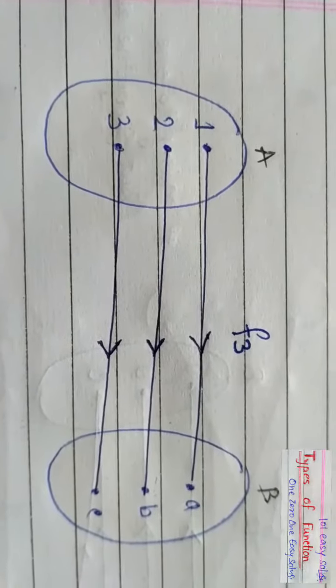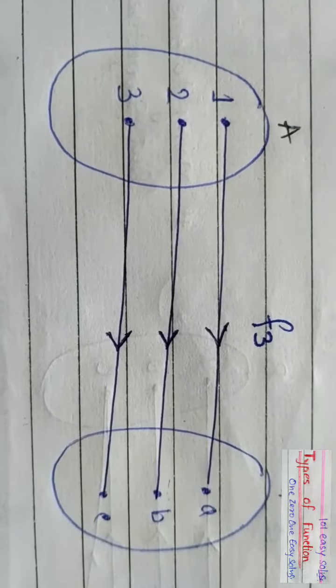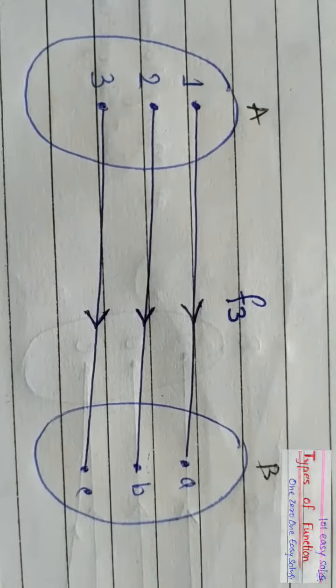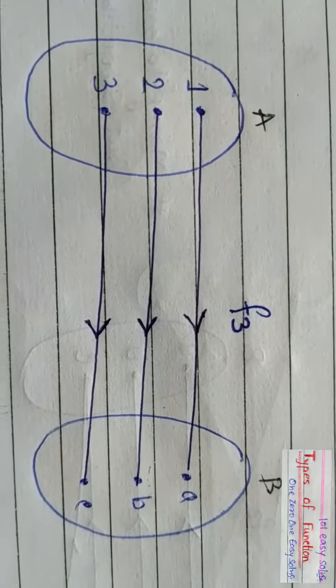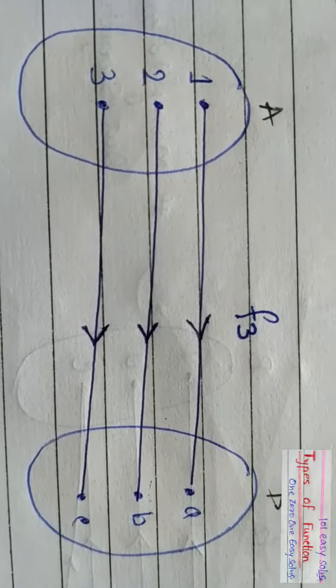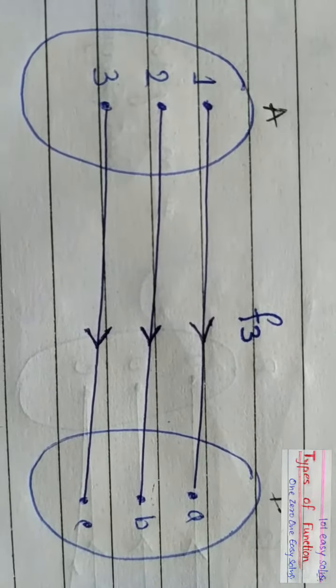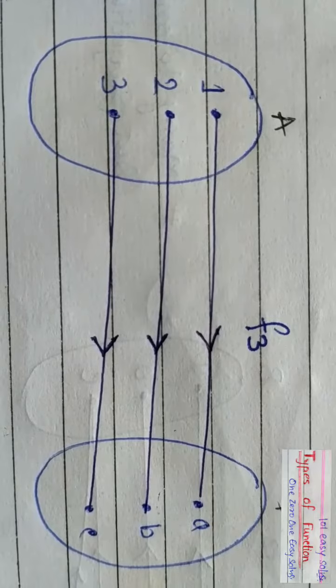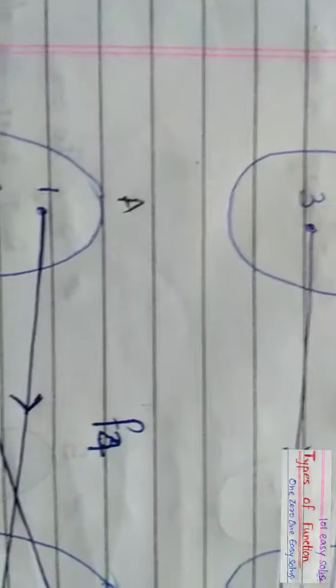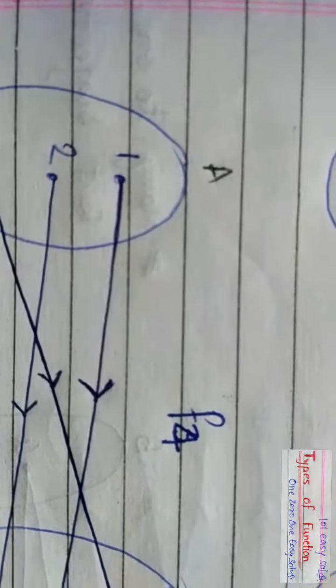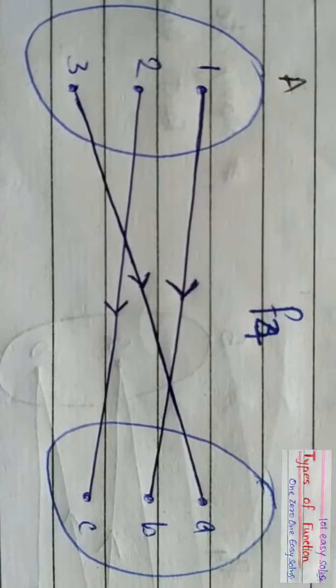Let us go to the third one, the third function F3 between A to B. Here again 1, 2, 3 are the members of set A, and A, B, C are the members of set B. So here image of 1 is A, image of 2 is B, and image of 3 is C. So let us check the last function, that is function 4.